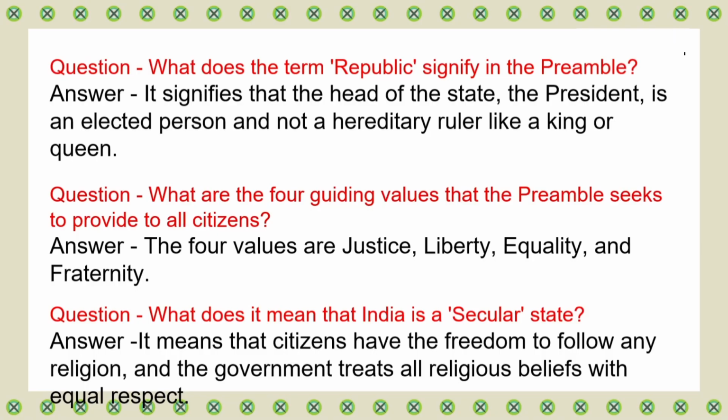Answer: it signifies that the head of the state, the president, is an elected person and not a hereditary ruler like a king or queen. Question: what are the four guiding values that the preamble seeks to provide to all citizens? Answer: the four values are justice, liberty, equality and fraternity.